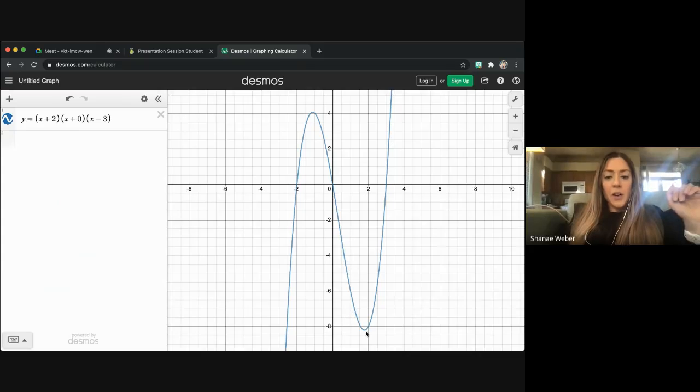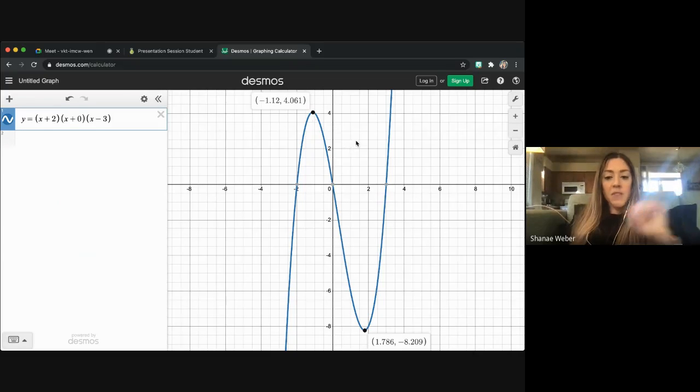Ooh, it looks like one of our points might be off of our graph. That's okay. So we have a maximum at, if we click on the dots, we'll know, at negative 1.12, comma 4.061. So that's our maximum.